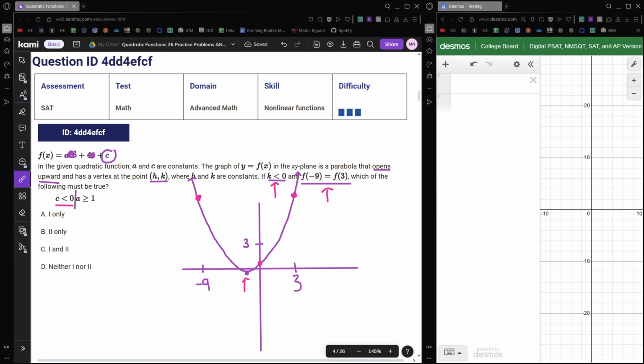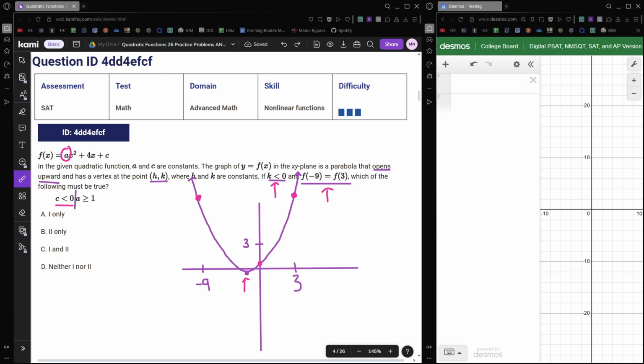And then secondly, a is greater than or equal to 1. So here in our equation, a is going to be this number right here. Depending on how small or big it is, it could control the width of the parabola, so how big the parabola opens. But more importantly, if a is positive, then the parabola will open upwards, and if a is negative, then the parabola will open downwards.